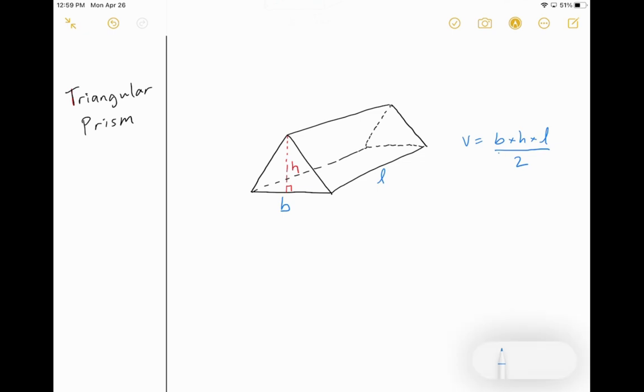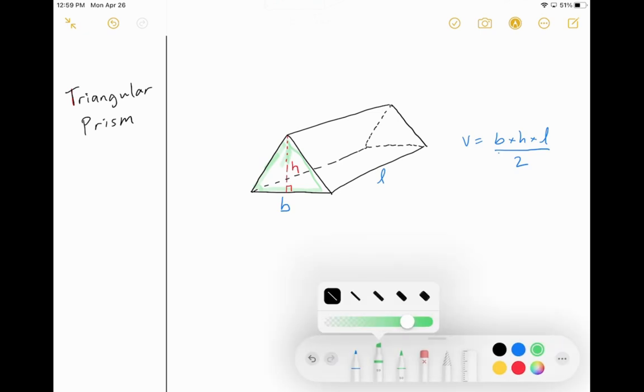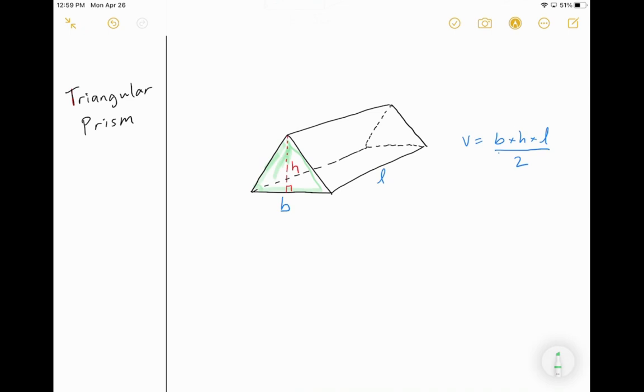Right? And another way some people talk about it is they say, well, it's like the base, this area right here, the base, times the length, the base area. So the part that I'm highlighting green, that's your base times height divided by 2, and then you multiply by the full length.